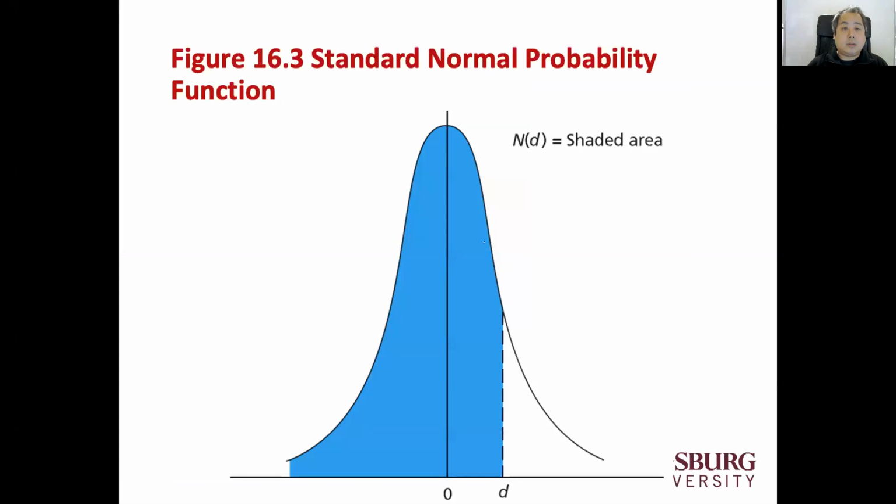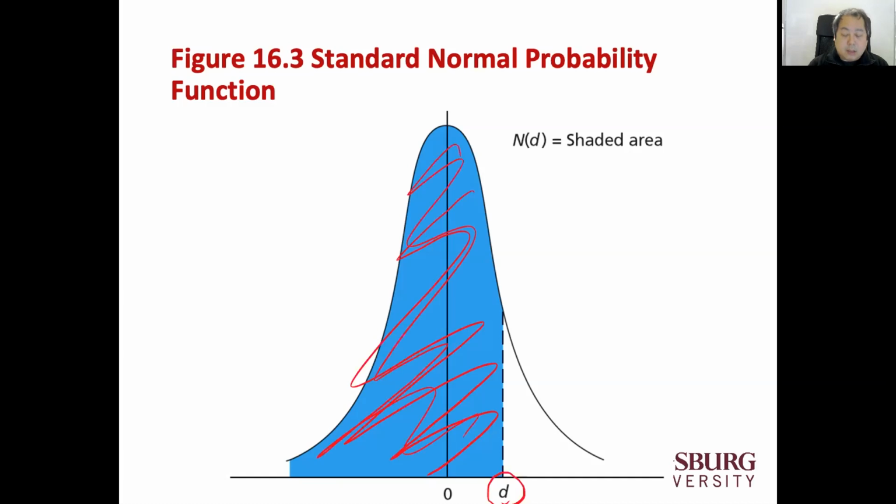So D1, D2 means this is D, and N(d1), N(d) is this one. Usually for a call option, D1 is greater than D2. So in this case we have 0.4 something, right?